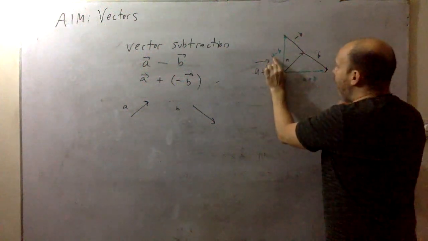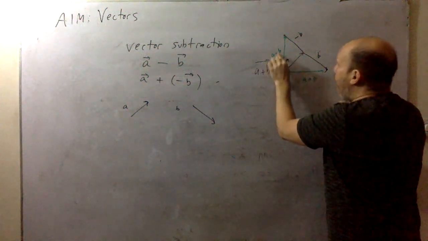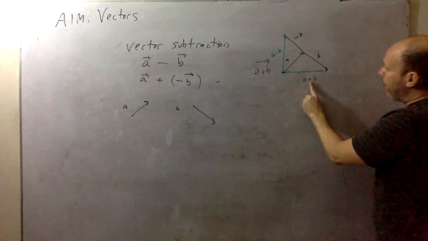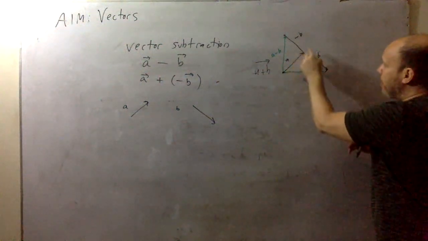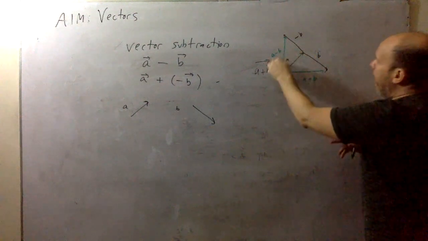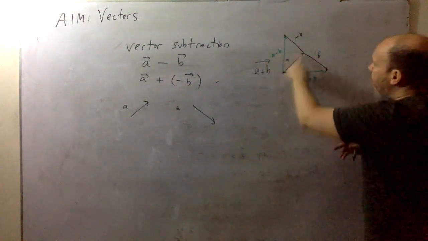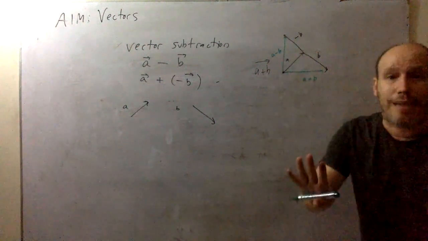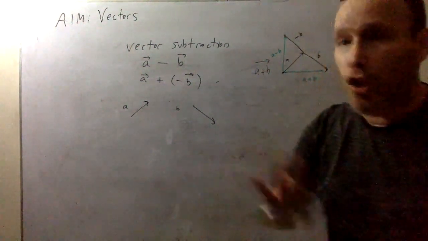The first journey is A, and the second journey is the opposite of B. Once again, this is A plus B: first journey is A, second journey is B. This is A minus B: first journey is A, second journey is the opposite of B.